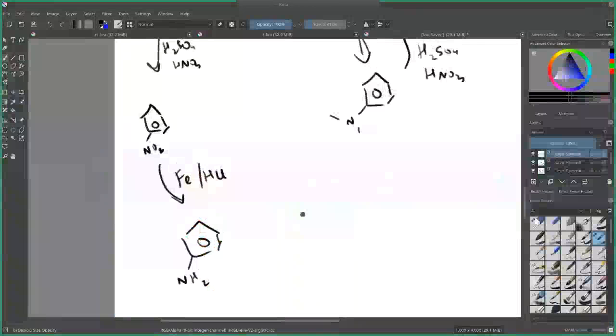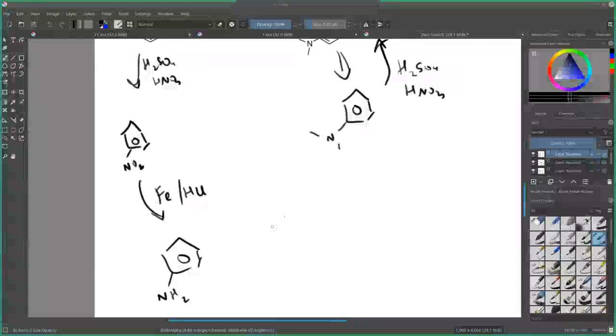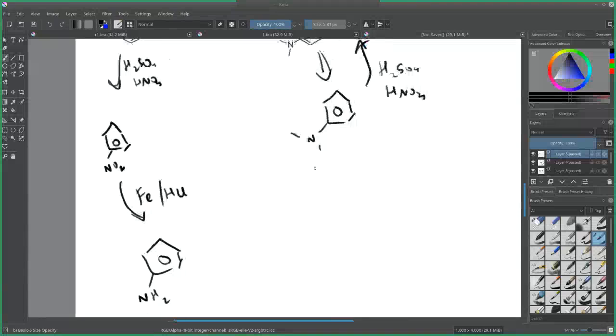But this becomes challenging at this point because we need to go from this NH2 and methylate it twice. So, how can we do that? Maybe I should ask, is there a problem with it if we do this?